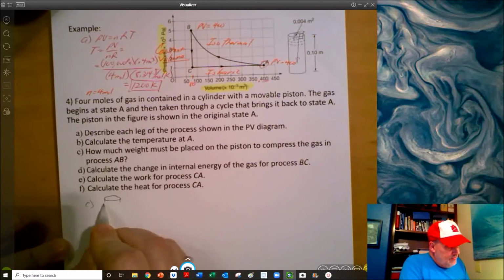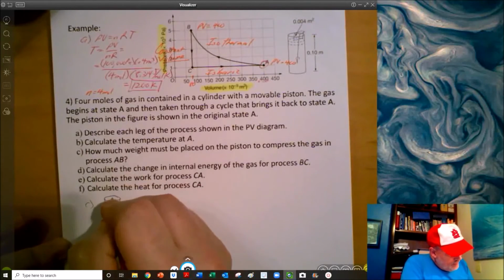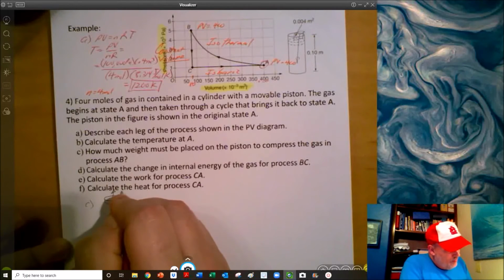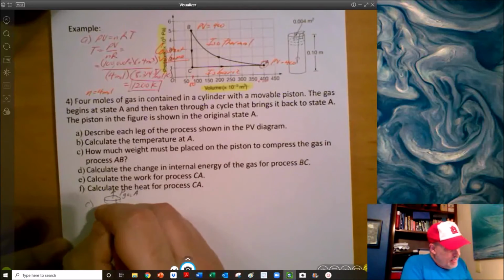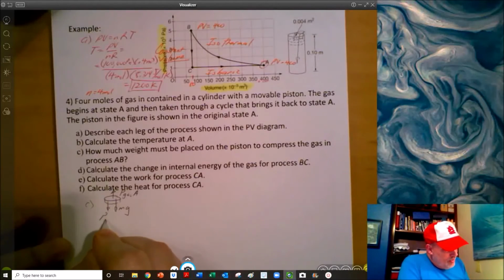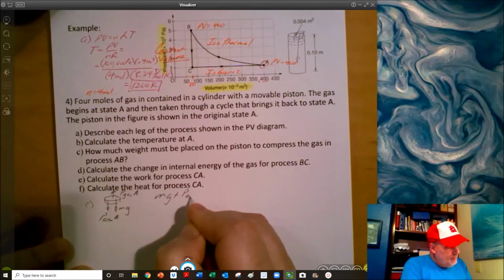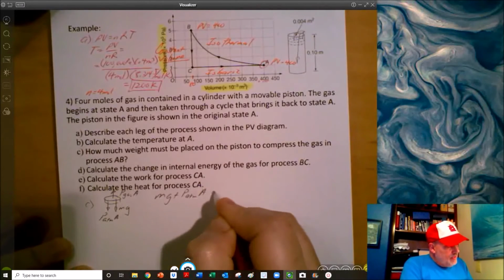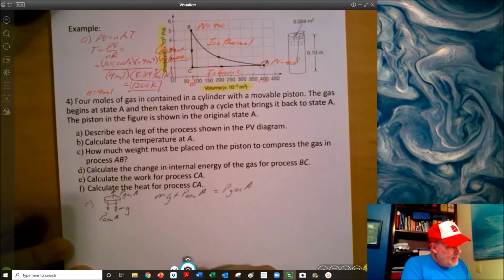We have this piston, and there is an mg down. There is a force up, and that force is the pressure from the gas times the area. And we have a force down from the atmosphere on the outside, so that's the pressure from the atmosphere times its area. So mg plus the pressure of the atmosphere times the area must equal the pressure of the gas times its area.